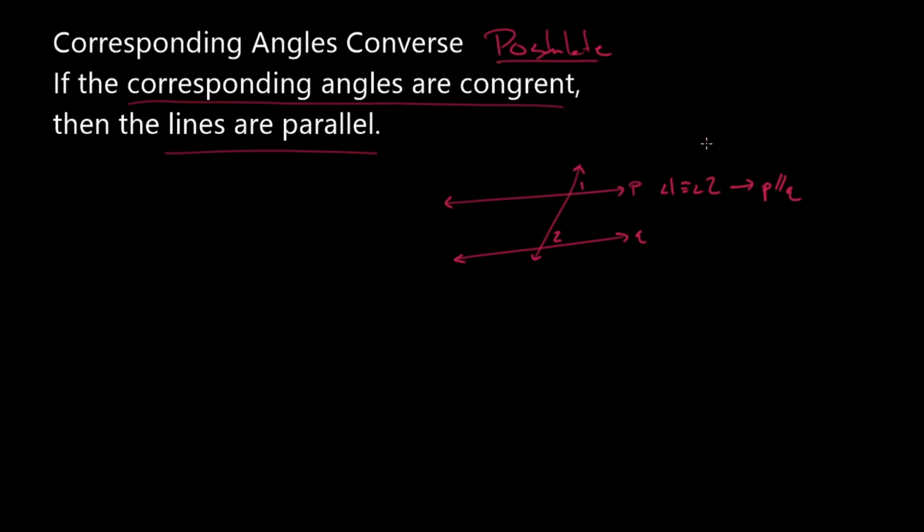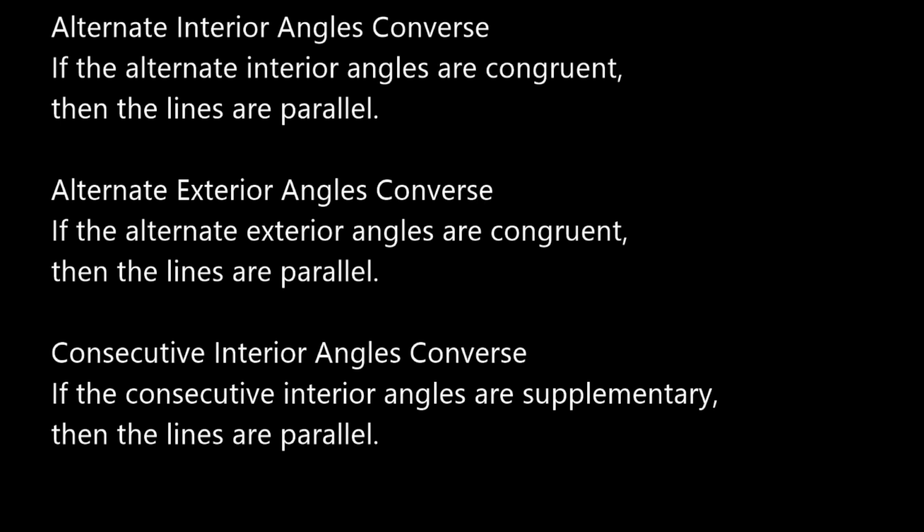But what I'm going to use it for later on is to talk about these three theorems. So this is kind of a lot. But just like before, when we had our alternate interior angle theorem, it said that if the lines are parallel, then the alternate interior angles are congruent. It will be the case that the converse of that statement is true as well. And so this is another way that I can prove lines to be parallel.